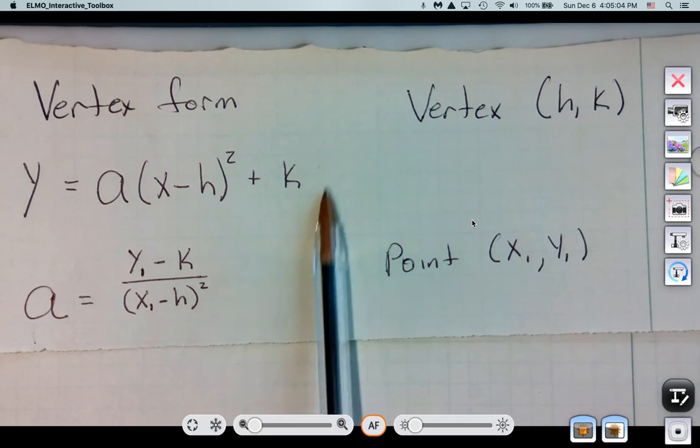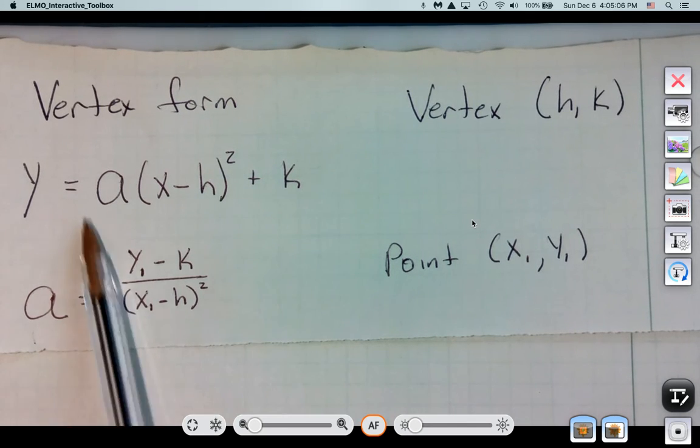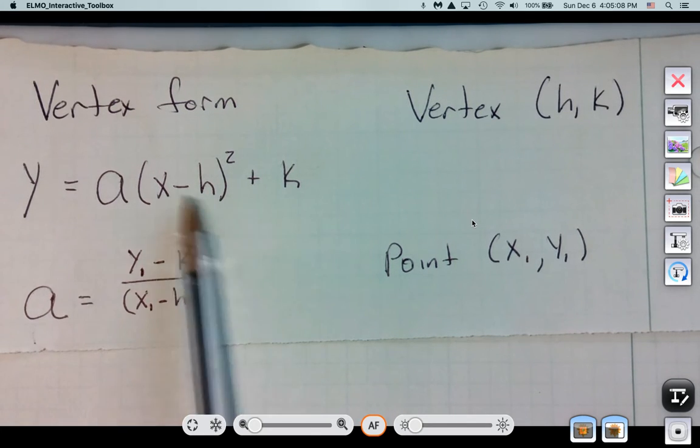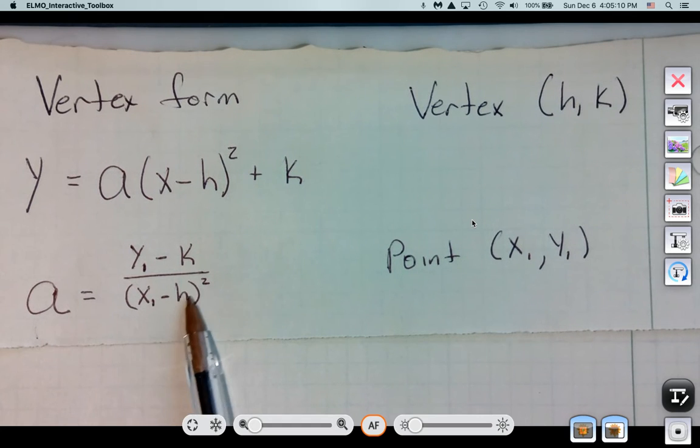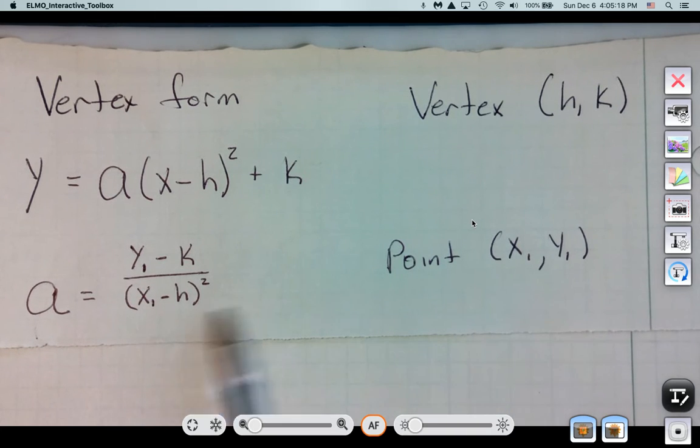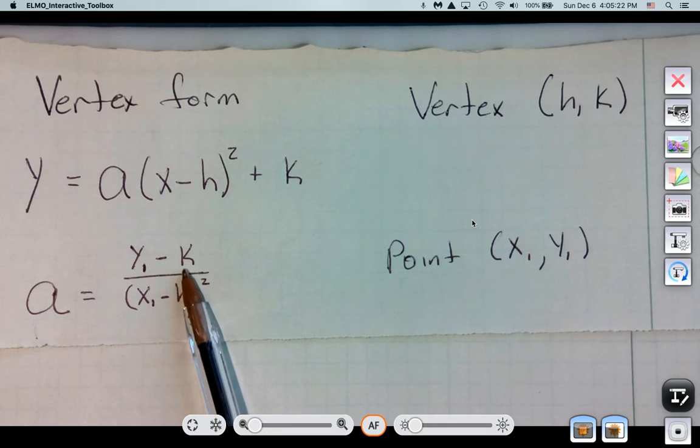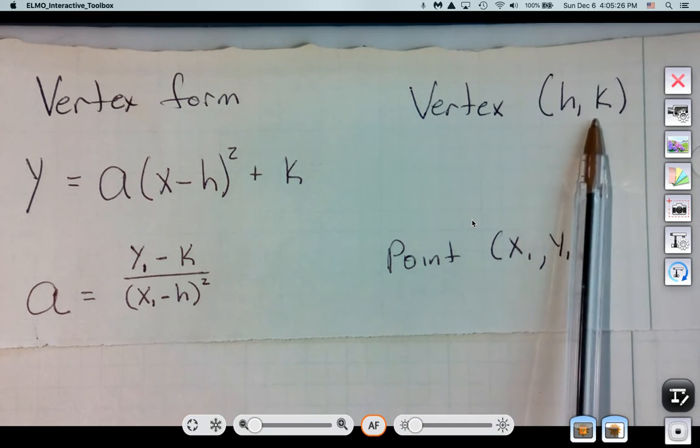So what I've done is I've rearranged it by minusing the k over to the y, and then dividing by the x minus h squared. Now I put a little subscript on the x and the y to indicate that those are x and y values for a point on the parabola. Now remember, h and k are also values of a point, but they're specific to the vertex.